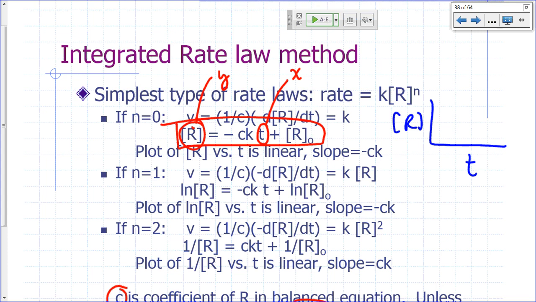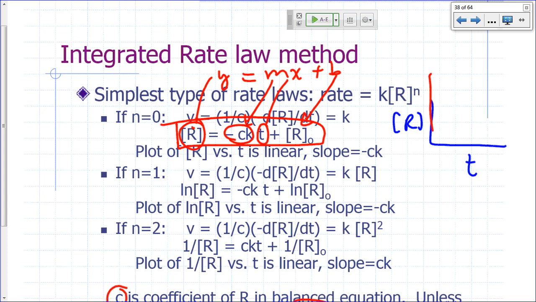So I can identify negative ck as the slope of my line. So y equals mx plus b, right? So ck would be the slope of my line, and like I said, we're just going to say c is 1. So negative k is the slope of my line, and b is my y-intercept.